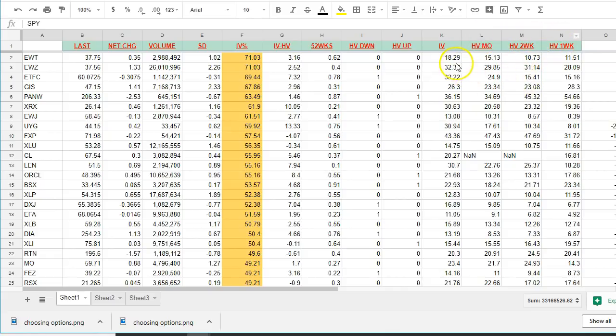So if 30 days is higher than 2 weeks, and 2 weeks is higher than 1 week, it'll trigger a 1 in this column. If it's the other way around, it'll trigger a 1 in this column. So what does that mean? Like for instance, in this line, 24, 15, 40, 15, 16.